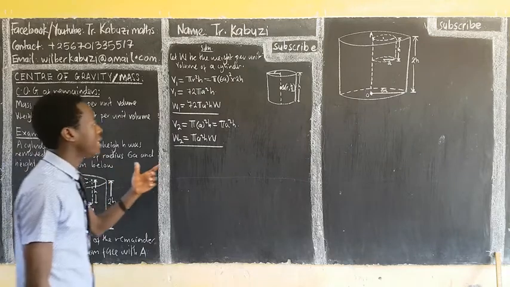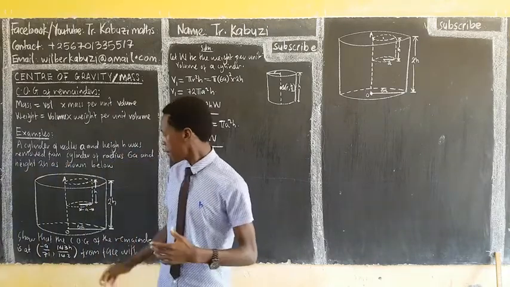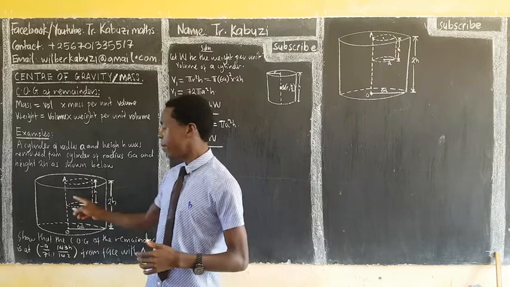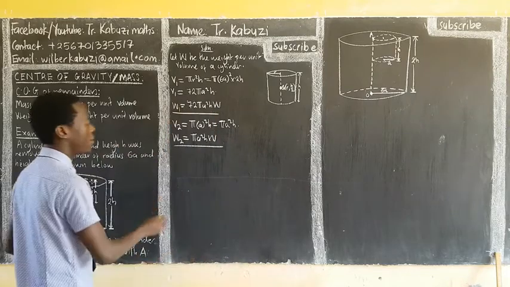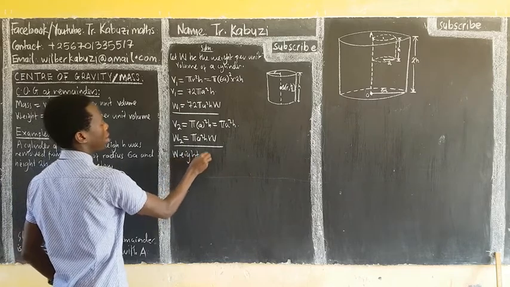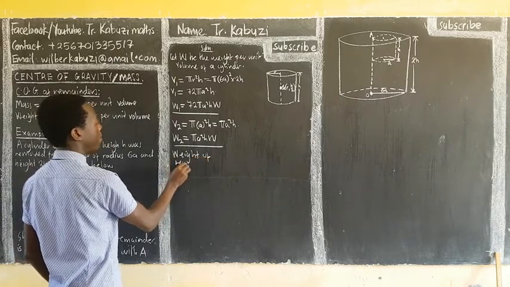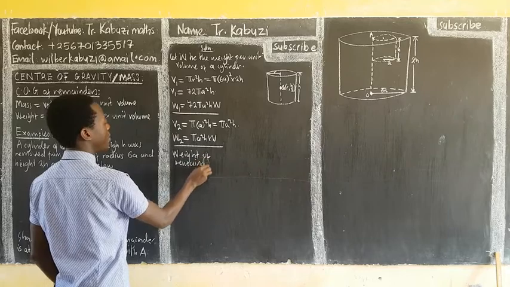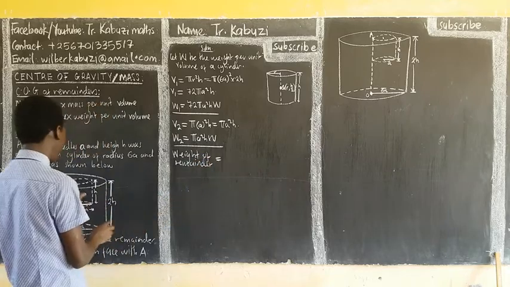After getting that, since this was removed, what we are interested in is the weight of the remainder. The remainder is what remained after removing this cylinder.